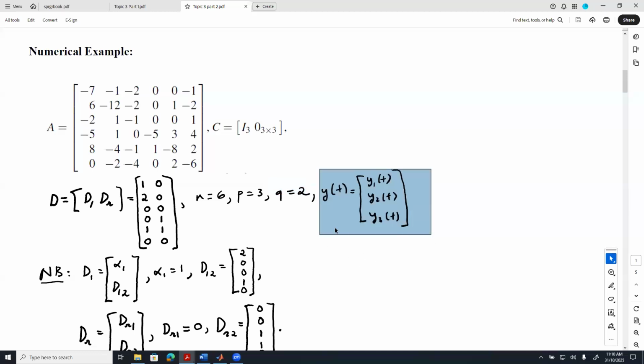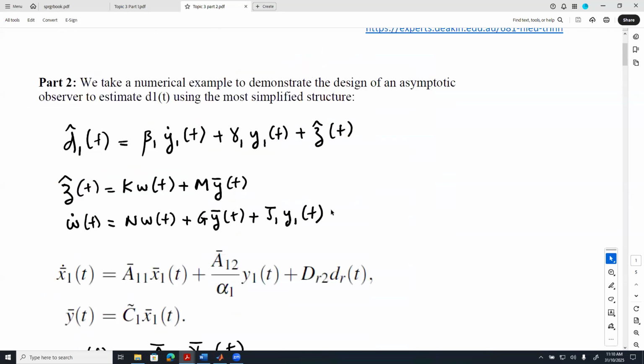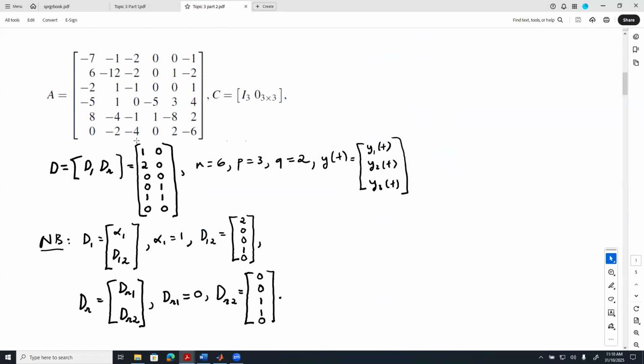All right, just a remark here: when we look at the matrix C, it is in the canonical form, because we pick the first output measurement for our decomposition of the unknown input D1(t). So we have C1, the first row of C, multiplied by this D1. It's actually a non-zero element. Basically it's 1 here.